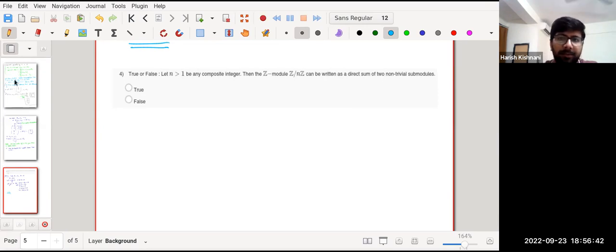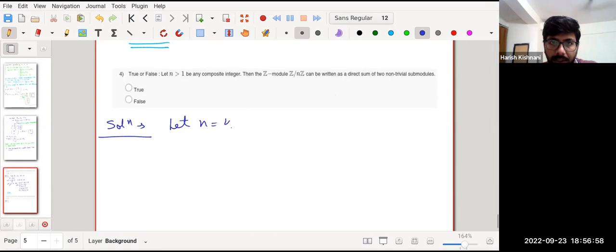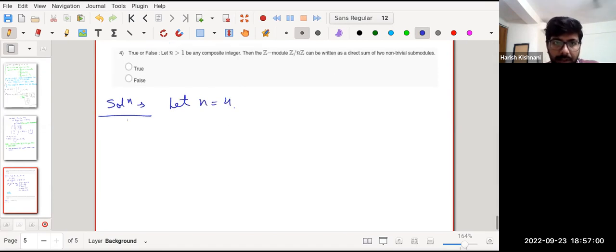Okay, let me tell you that this is not true. You can take any number of the form p raised to n. The smallest such number is 4.